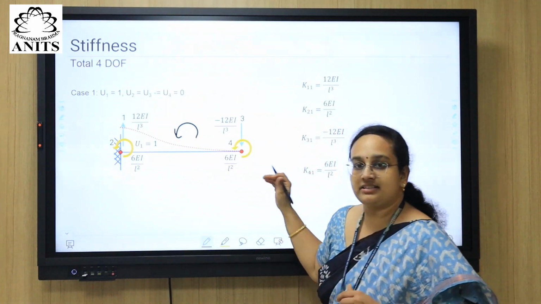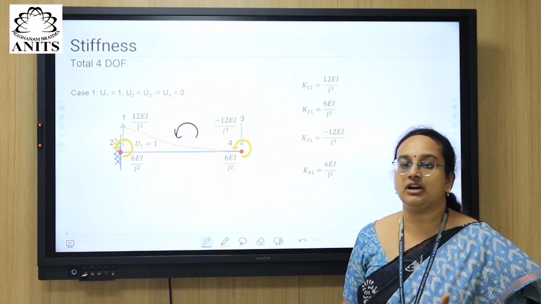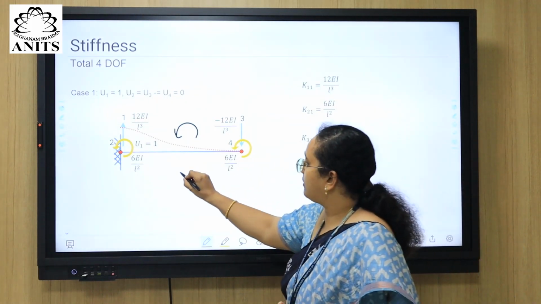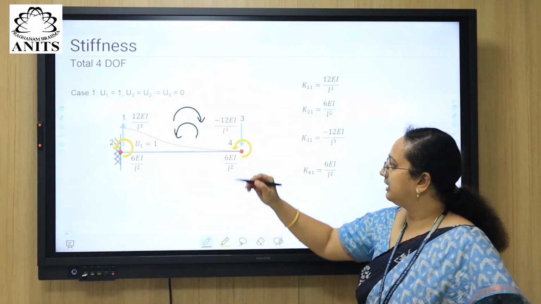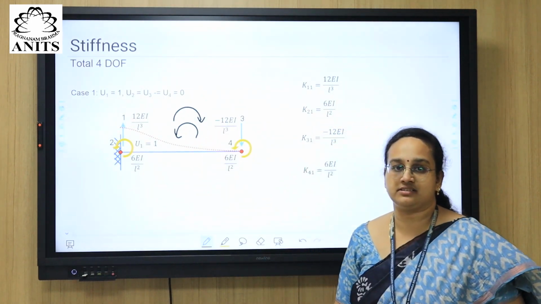For the beam to be in stable condition, what has to happen? A clockwise moment has to develop in such a way that it counters the anti-clockwise moment.